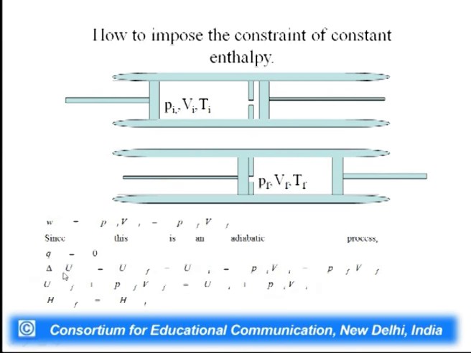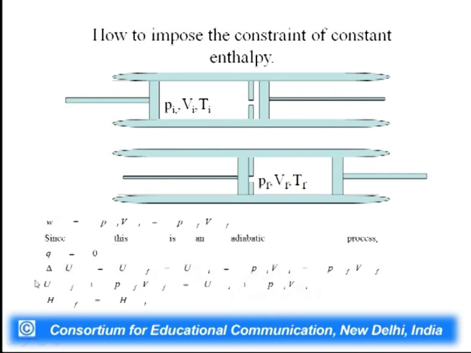So, you can calculate the internal energy change, which is Uf minus Ui. Uf minus Ui should be equal to W, since Q is equal to 0, and W in this case is Pi Vi minus Pf Vf. So, delta U is equal to Pi Vi minus Pf Vf. Taking this term to this side, you will get a plus sign. So, Uf plus Pf Vf is equal to Ui plus Pi Vi.